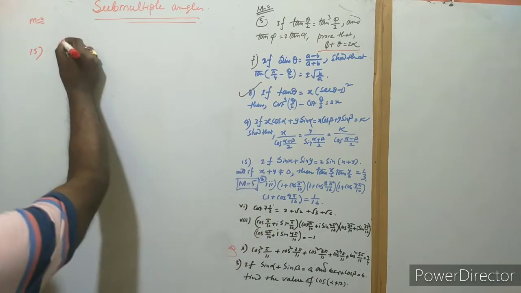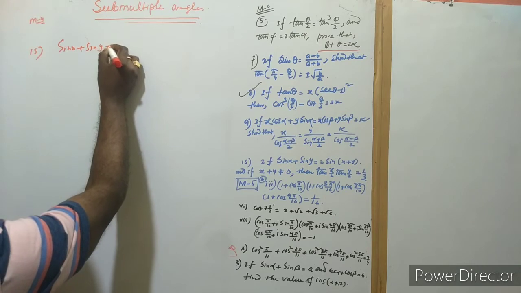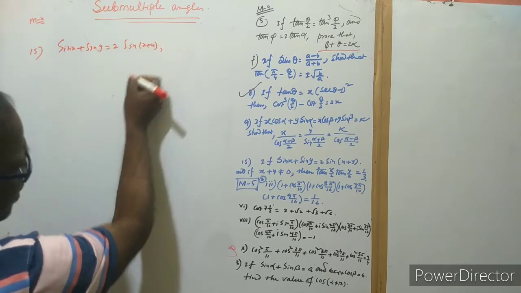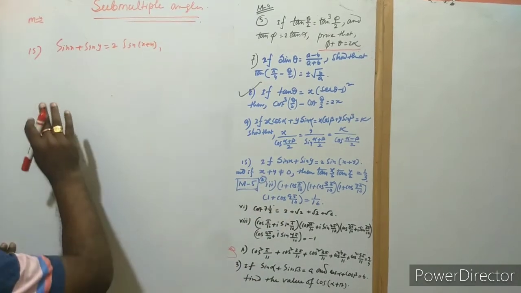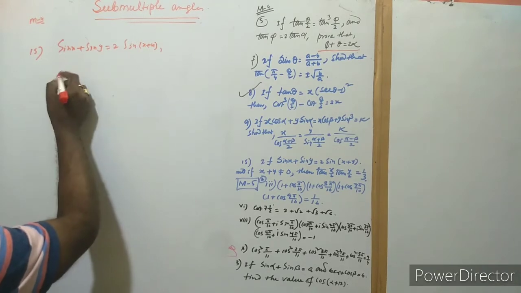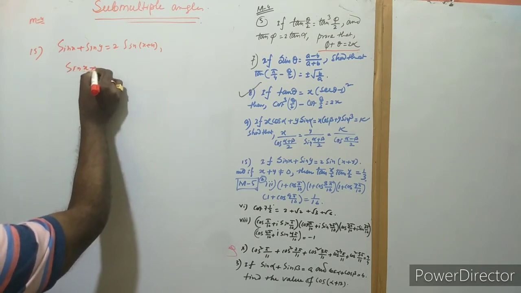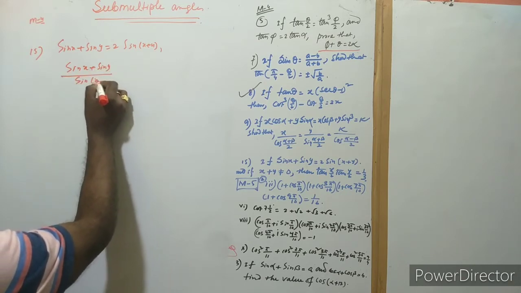Here sin x plus sin y is equal to 2 times sin x plus y. And the other case, x plus y, can never be 0, so that's why we can transfer to the denominator part. So this is sin x plus sin y by sin of x plus y.